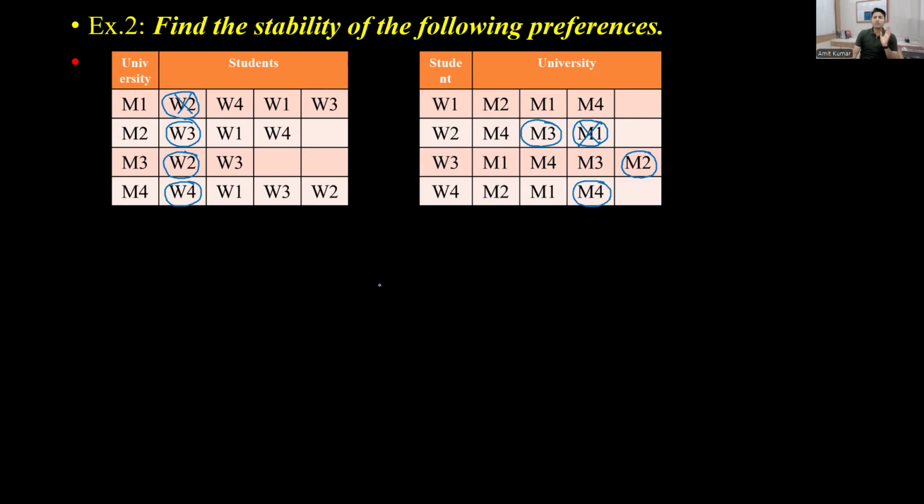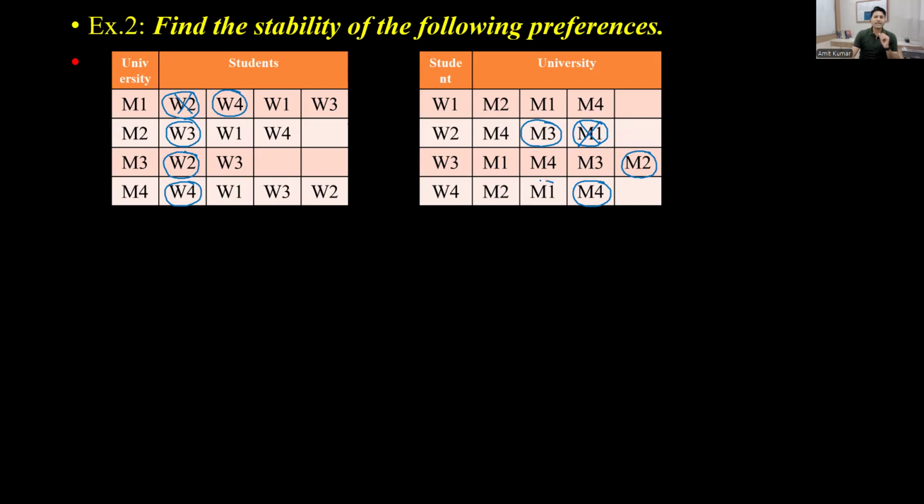So this is how round number 1 is completed, where M2, M3, M4 get their first choice, but M1 does not. So now it's time to exercise the second option for M1. The second option of M1 is W4. So M1 approaches W4.